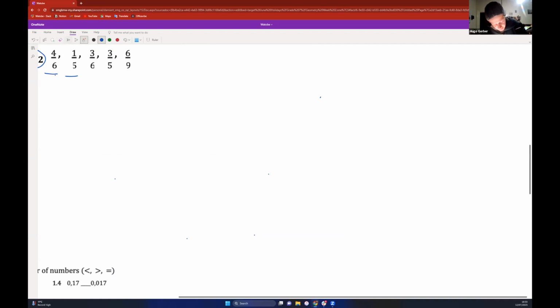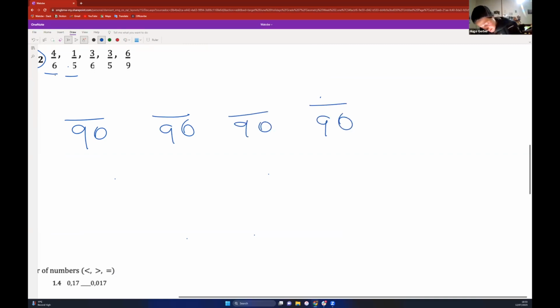Okay. 1, 2, 3, 4, 5. So I'm going to have five fractions over 90. Now I just have to remember every time how many times I multiplied with the bottom to get to 90 and then do the same with the top.